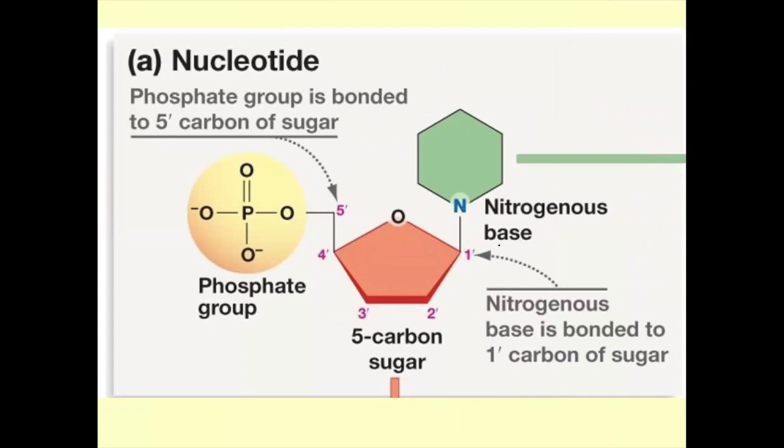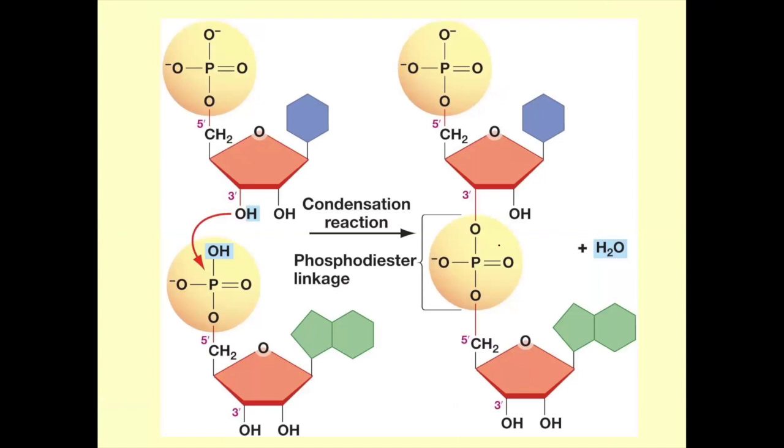And what we find here is when making the sugar phosphate backbone with phosphodiester bonds, the carbon 3 atom joins with the phosphate. We've said it's condensation at the 3 end and at the 5 end.